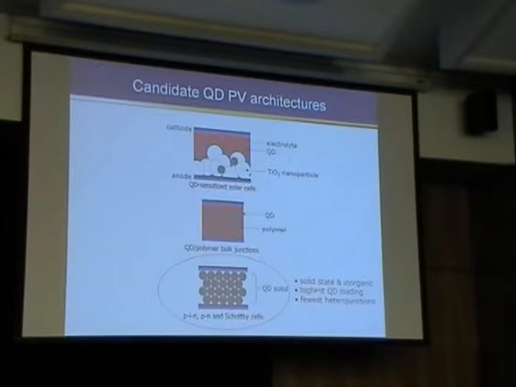And it also has the fewest heterojunctions. So we don't have junctions between liquids and semiconductors. We don't have junctions between organics and inorganics in this kind of device. And so this lent itself to much more direct interpretation and comparison with existing semiconductor devices, silicon devices, and compound semiconductor devices.